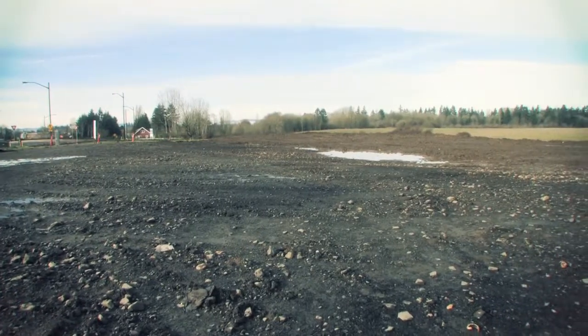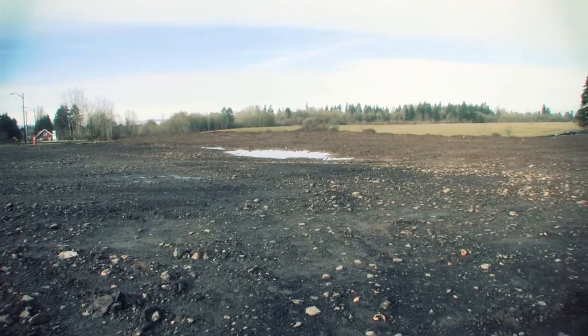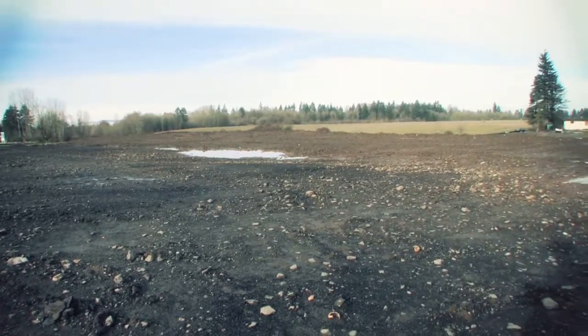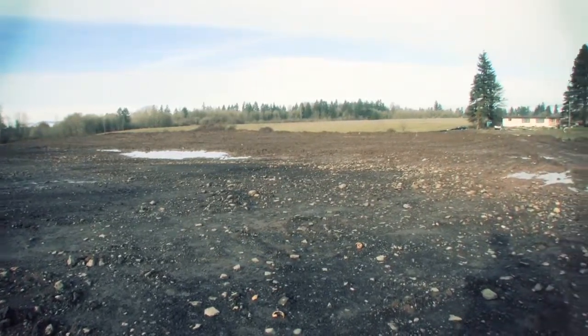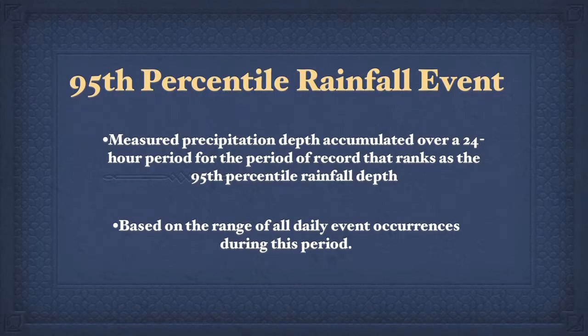available. Option 1 is for BD&C project teams that, after research, cannot adequately determine the natural land cover conditions of the site. So, what is a percentile rainfall event? A percentile rainfall event represents a precipitation amount that the chosen percent of all rainfall events for the period of record do not exceed.